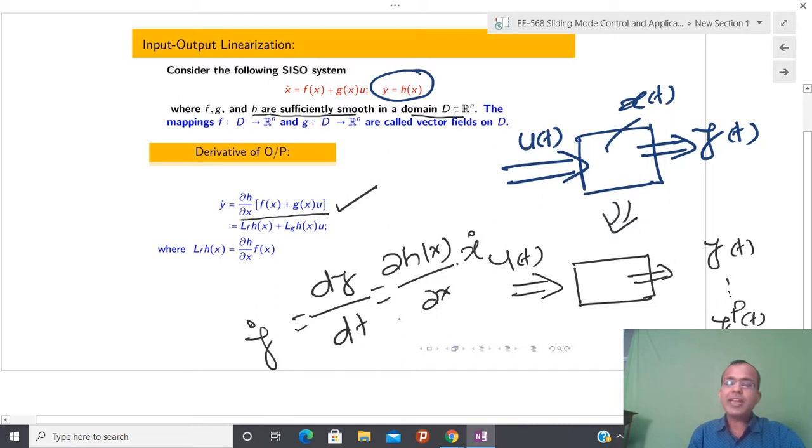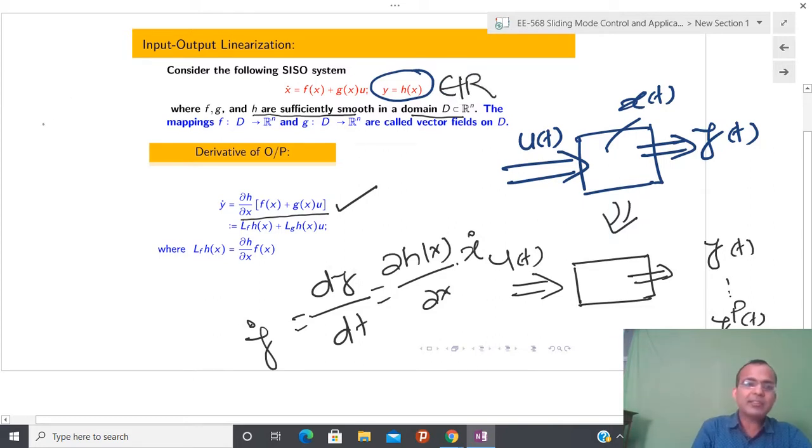Now let us try to see one more thing. This is a little bit more important. If y is the output, and we already assume that this is a single-input single-output system, it means that y belongs to R. Does anyone have confusion on this?